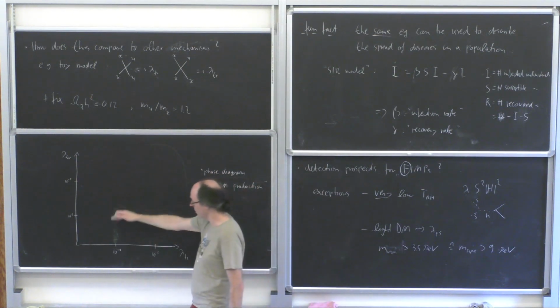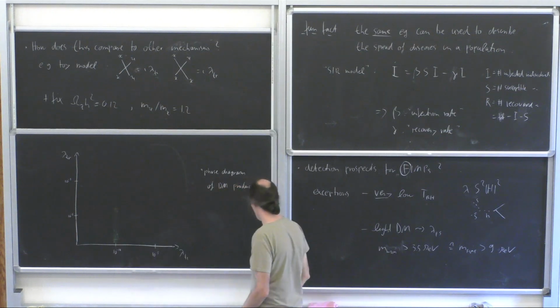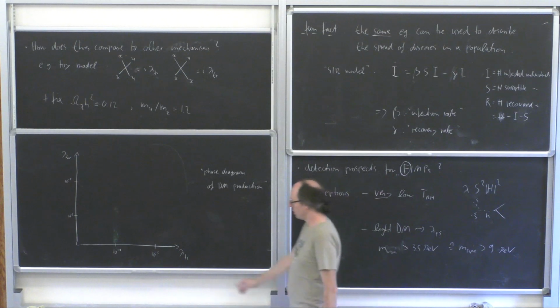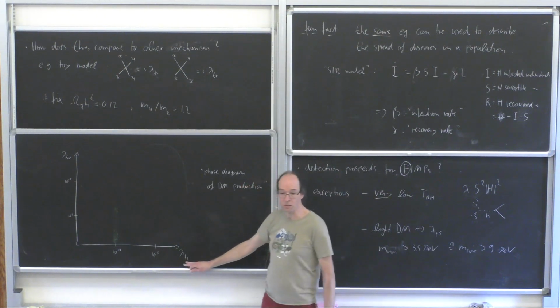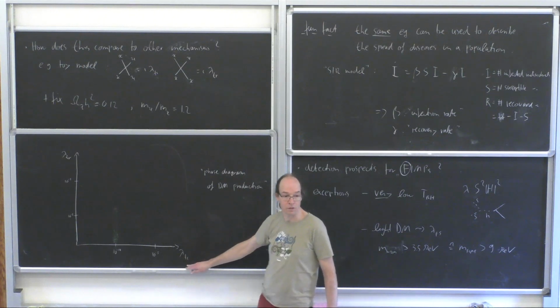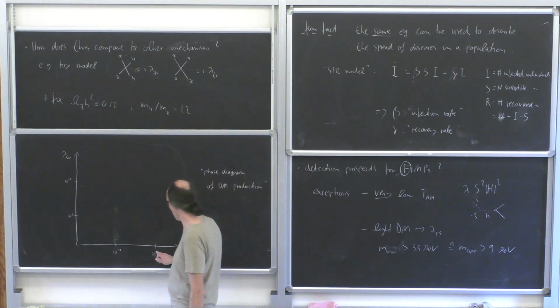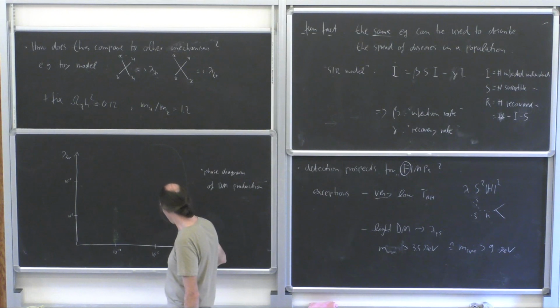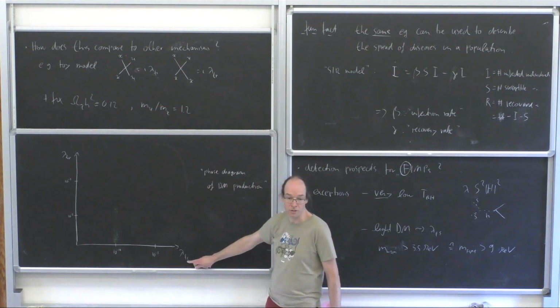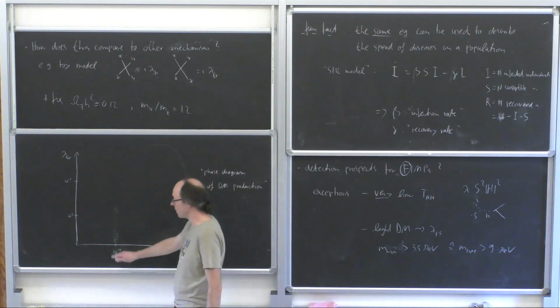So that's why we will have it in this part of the parameter space. Then we have also discussed freeze-out. So that's this type of coupling. So we know that we will always get a solution for the correct relic density if the lambda is significantly larger than for the freeze-in couplings.